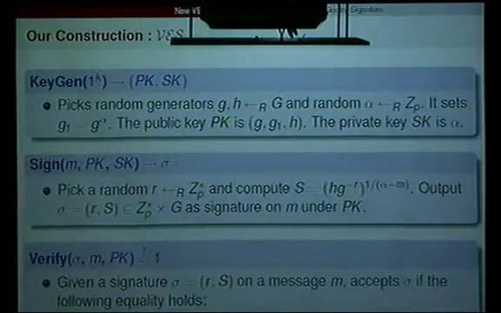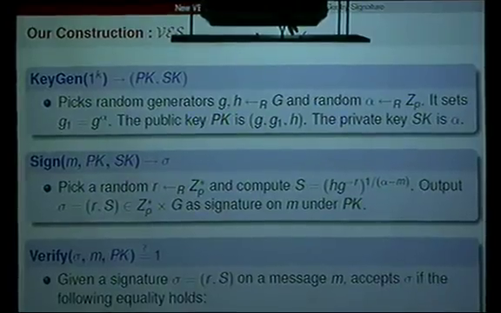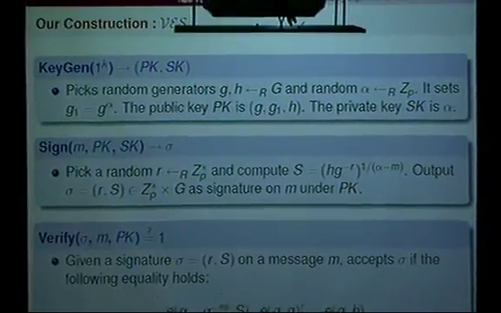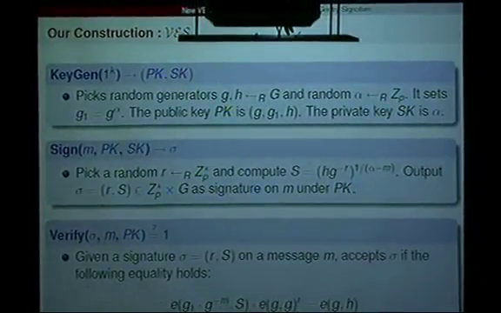In the key generation algorithm, given system parameters, it outputs the public and secret key for the signer. These are the ordinary signature algorithms. As you know, in the sign algorithm, given this input, it outputs the signature. In the verify algorithm, given this input, it checks the validity of the signature.